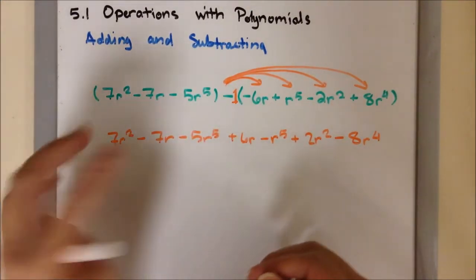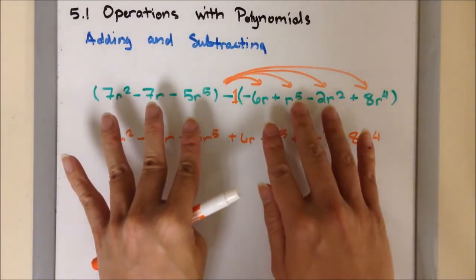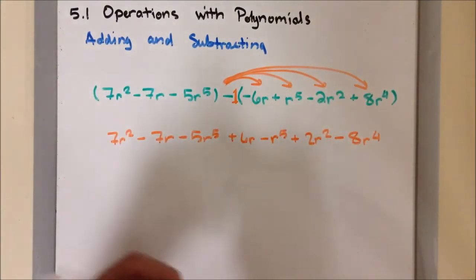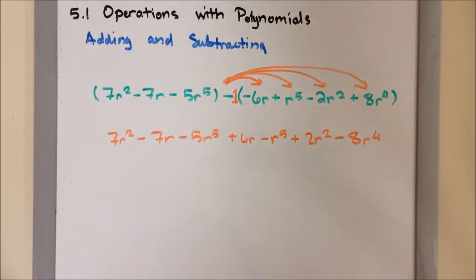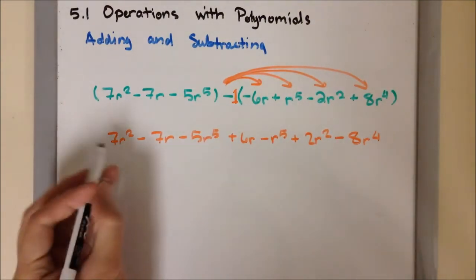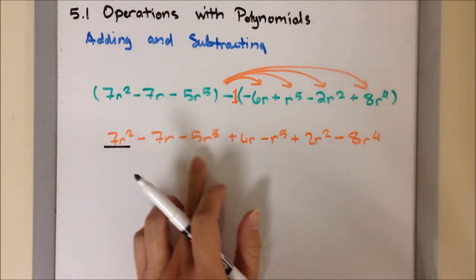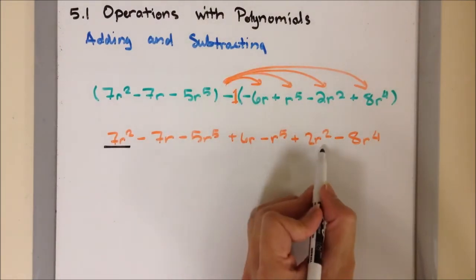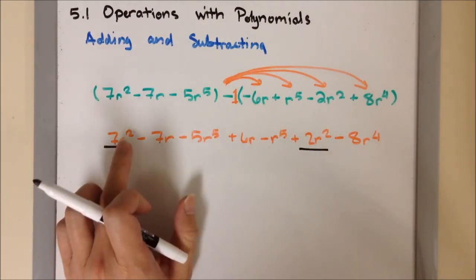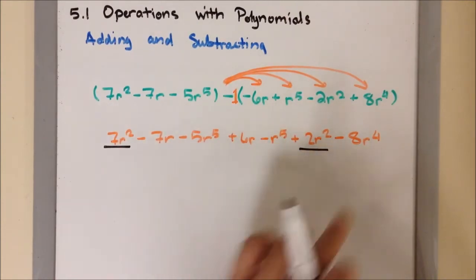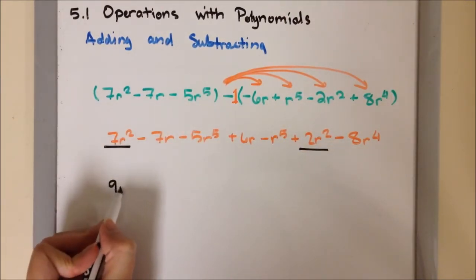Now again, you know that this is a 3-term and this is a 4-term. We're just going to combine like terms, and if there's nothing else to combine, you just bring it down. I'm going to start off with the r squared. So check if there's any more r squared, and I do have one right here. So 7r squared plus 2r squared is 9r squared.